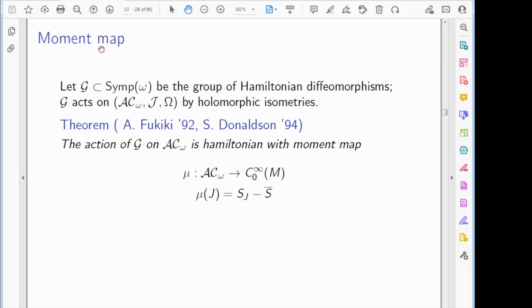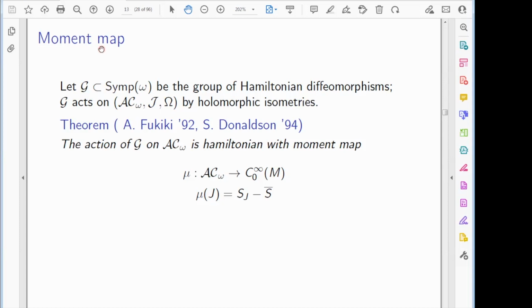Let's see how much time we have. So it's connected. So these are finite dimensional. Or sorry, no. Why did I say that? These are infinite dimensional groups.